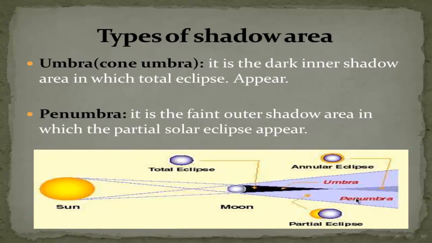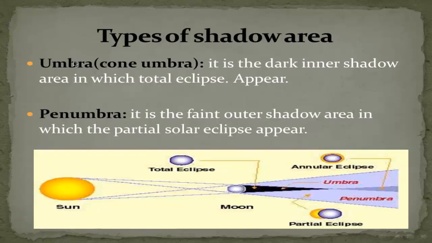Penumbra is the fainter area around the umbra. As we see, this is a dark area, but this and this area are fainter shadow. This outer fainter shadow is called penumbra. So, how many types of shadow area?